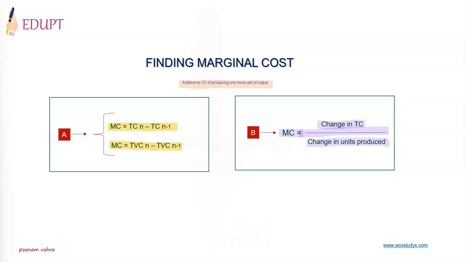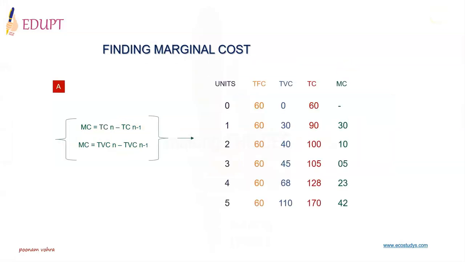The question is, how will one decide which of the three formulas one should be applying to find marginal cost? Let's understand that. Now, have a look at this numerical example where units produced, total fixed cost and total variable cost are given. One can find total cost and marginal cost.